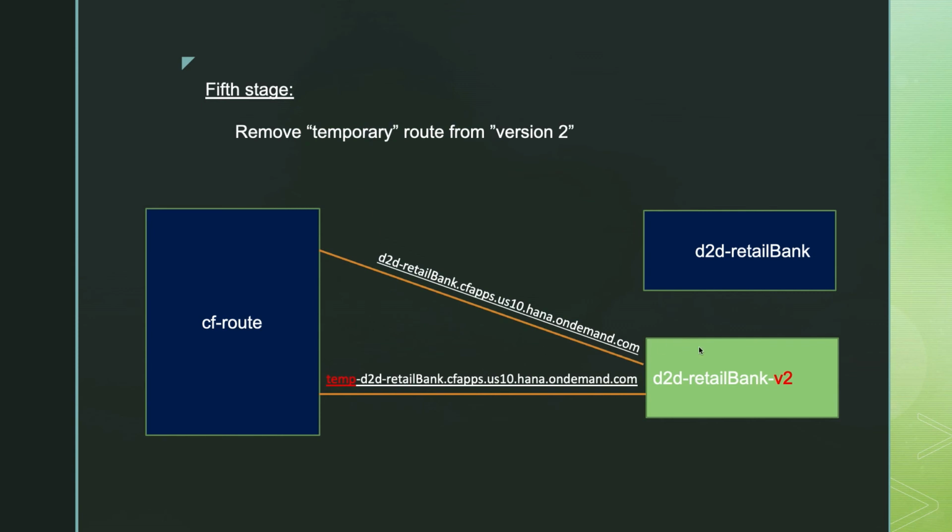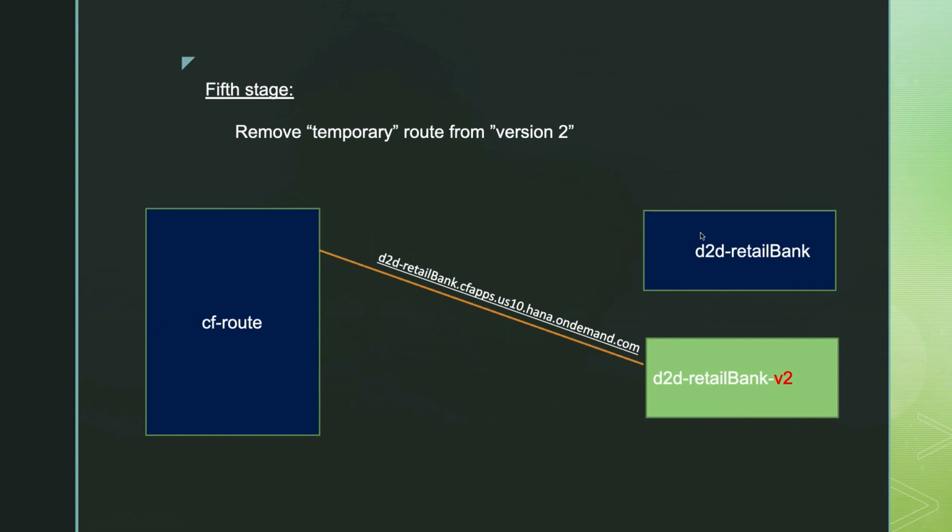In the fifth stage, we shall remove the temporary route from the new version. Now the original route is used to access the new version, and we have completed our blue-green deployment and moved completely from the old version to the new version.